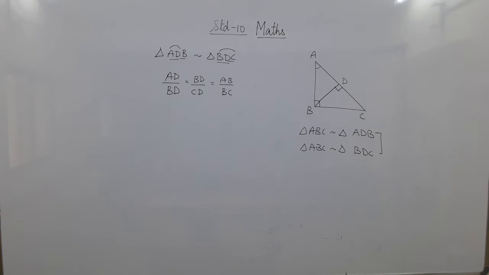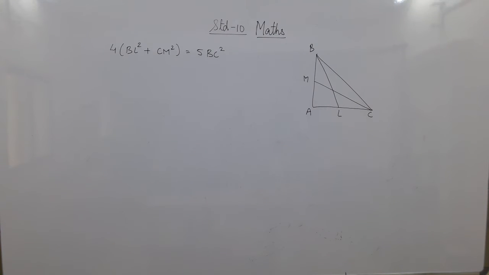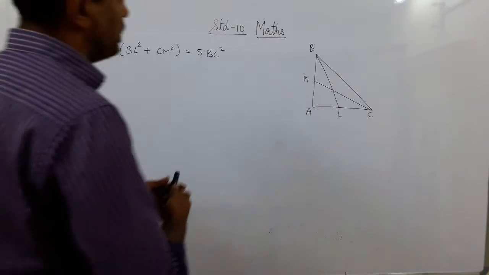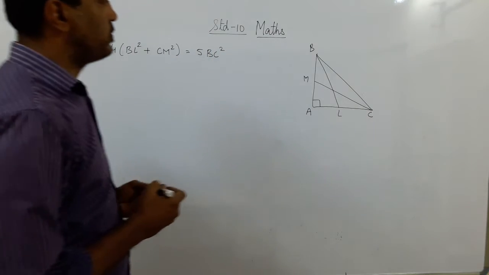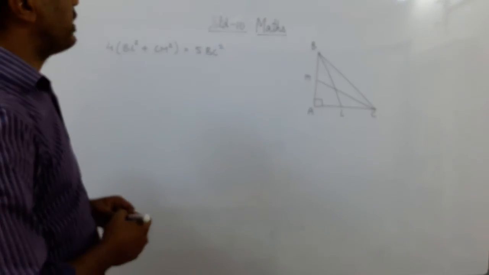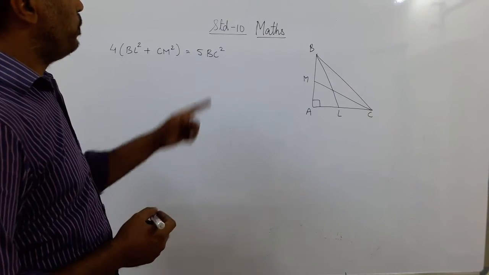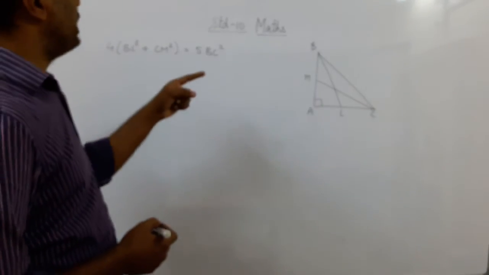And now we'll start with an example. So let us see the example now. We are given this question here. It's an example in the book. Angle A is a right angle. It is given. BL and CM are the medians.